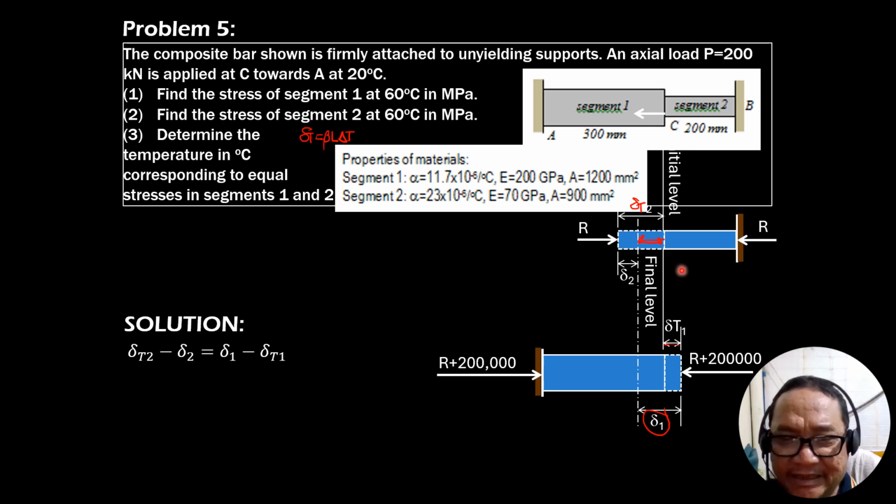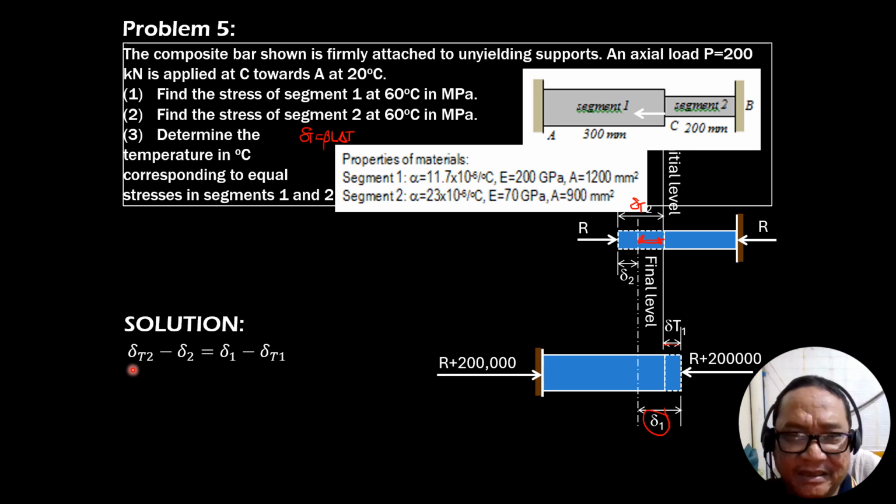Like segment 1, we allow it first to expand, then after expanding, because this is the final level of the junction for segment 1, that's also the final level of the junction of segment 2. So this whole deformation is the deformation due to stress of segment 1, and this is the deformation due to the expansion of segment 1.